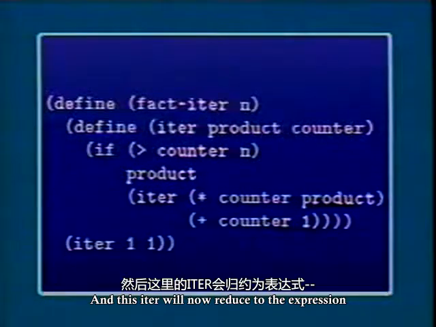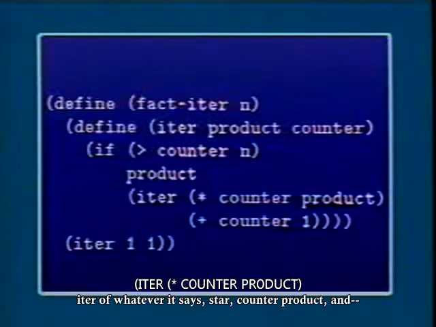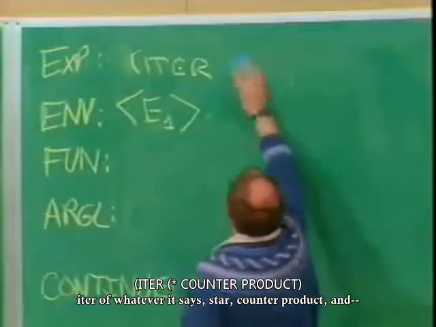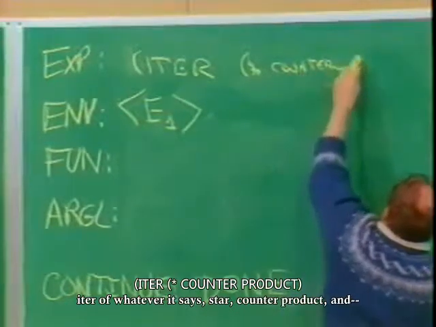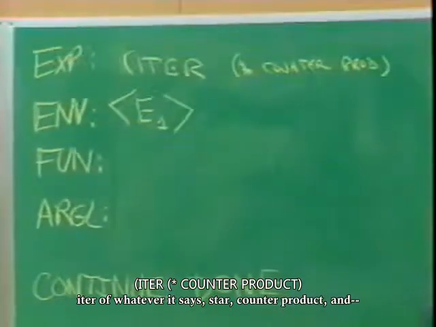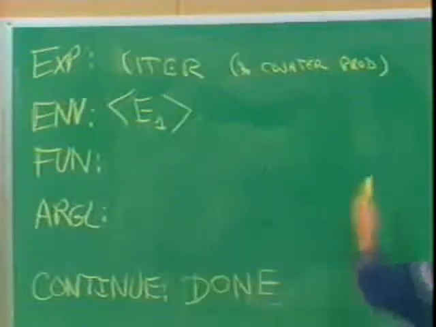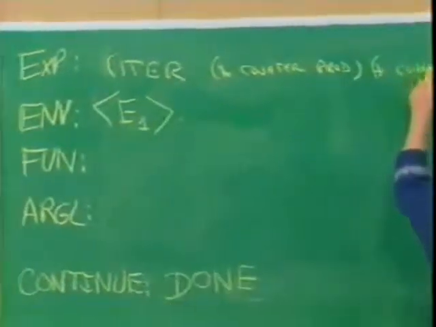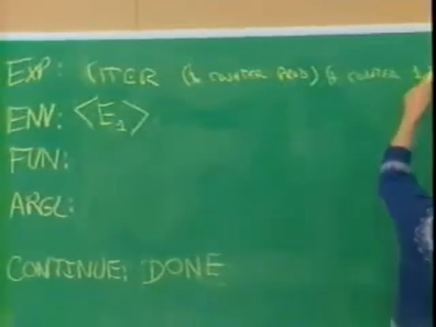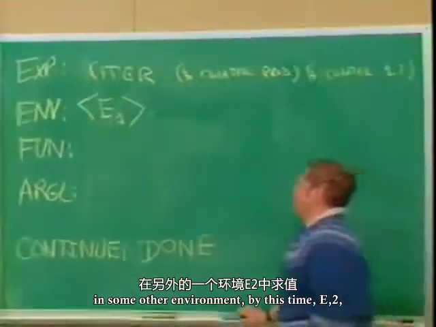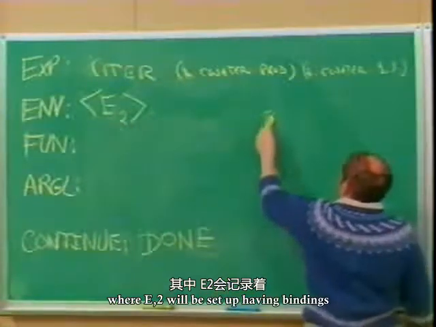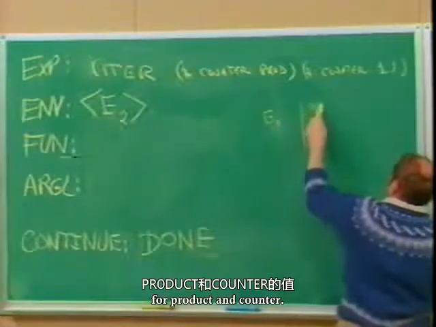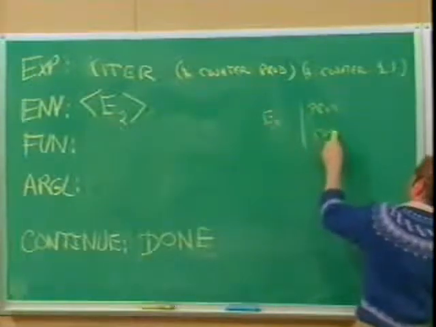And this iter will now reduce to the expression iter of star counter product and plus counter 1 in some other environment, by this time E2, where E2 will be set up having bindings for product and counter.